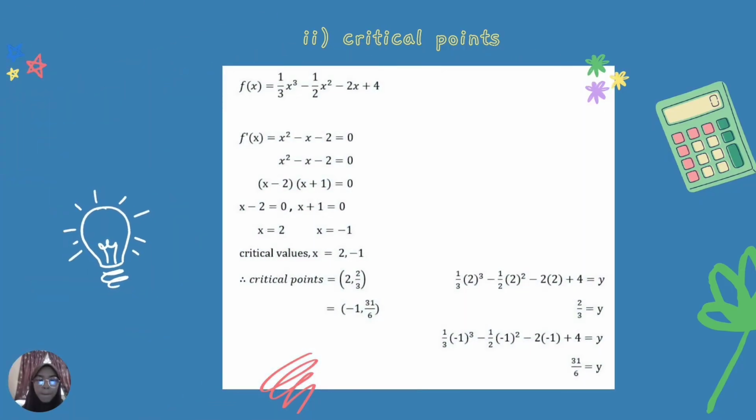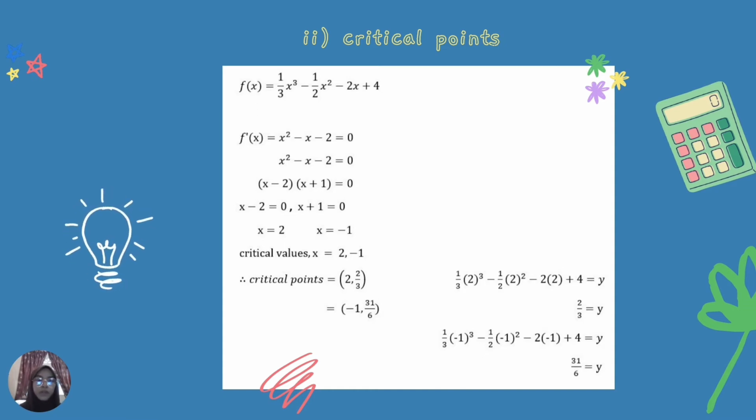Okay. The second question is the critical point. To find a critical point, we have to differentiate the function, and for this question we got x to the power of 2 minus x minus 2 equal to 0.